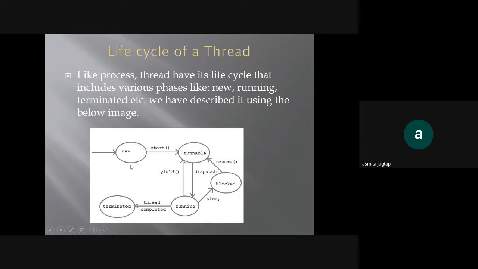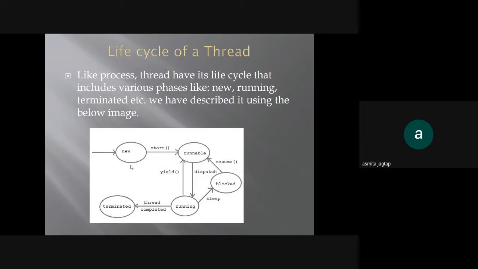Before this life cycle, why is this multi-threading there? We'll see that, because the thread has advantages over the process, and we already discussed two or three advantages of multi-threading. Okay, so there are issues like when any thread consumes the memory or occupies the CPU for a longer time, the CPU will not respond to you.